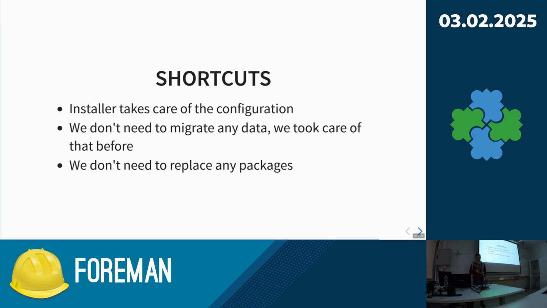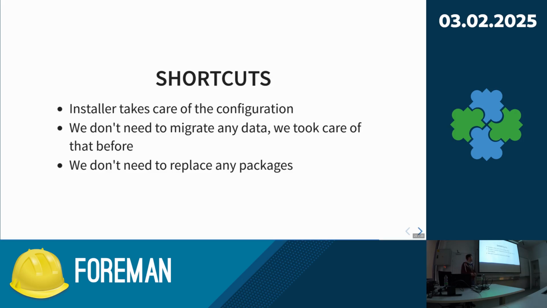So Leapp would then forbid the upgrade instead of removing Foreman from the system, which is not what you want usually, right? You want a working system afterwards.